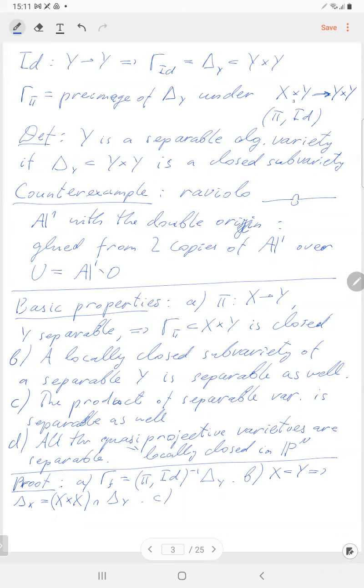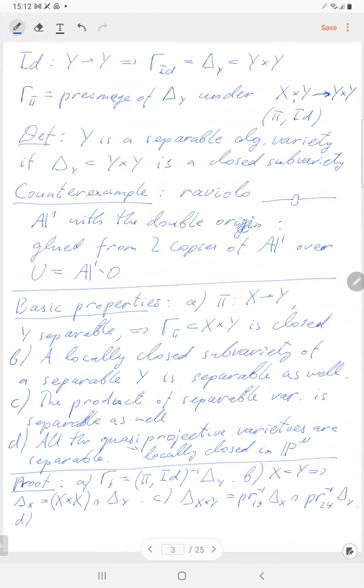Now, for the product, the diagonal in the product is again intersection of evident things. So you take the projection, say, to the first and third factors, and the preimage of diagonal delta X, and intersect with the inverse image with the projection onto the second and fourth factors of delta Y. Okay, so again, if those diagonals are closed, their preimages are closed, and intersection is again closed.